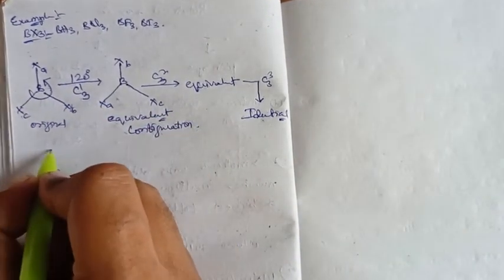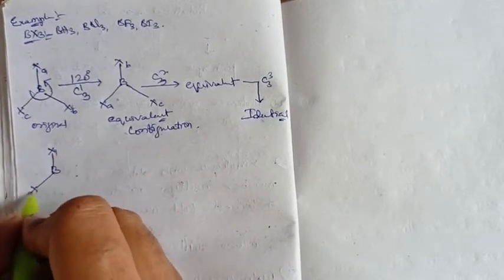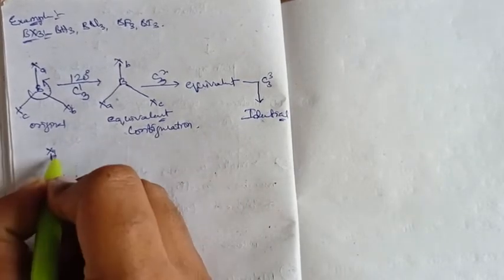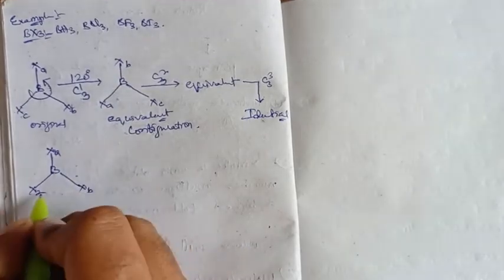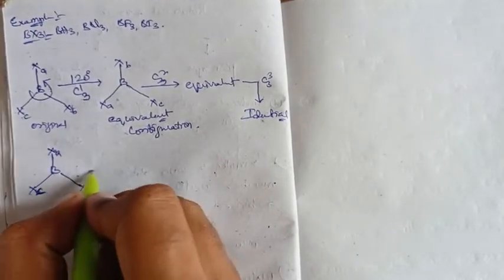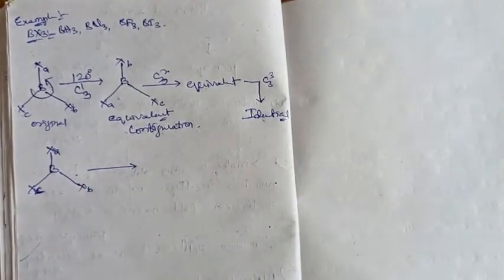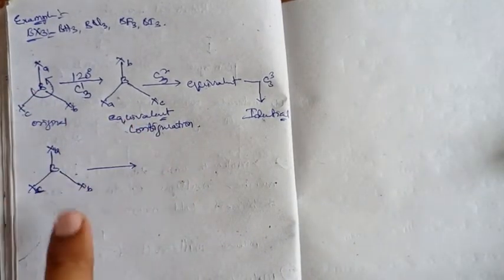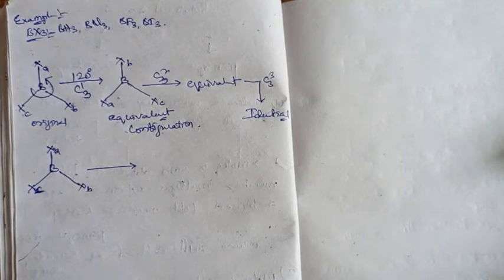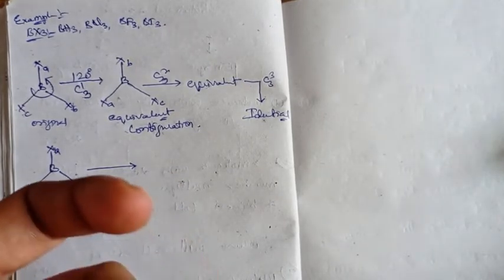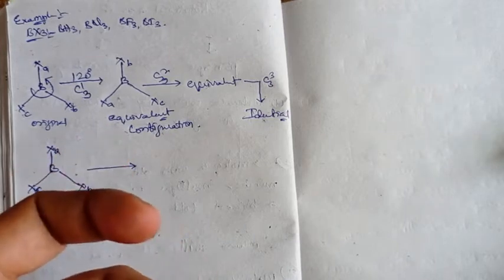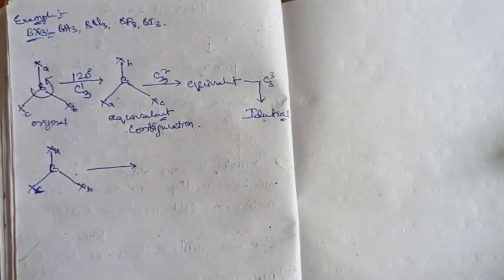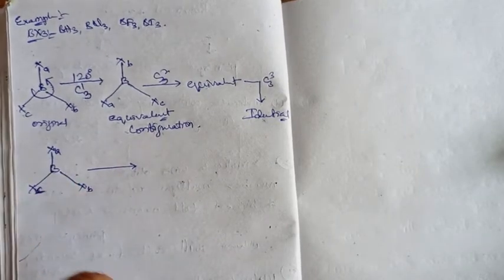Now the same molecule, with A, B, C. Here there are more rotational axes, not only C3. Different axes and different angles will give you different rotational axes of symmetry, so here is another possibility.